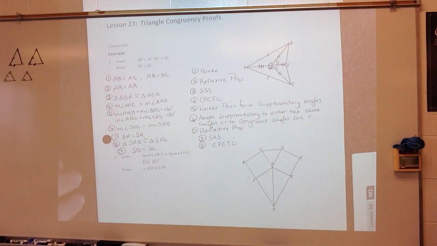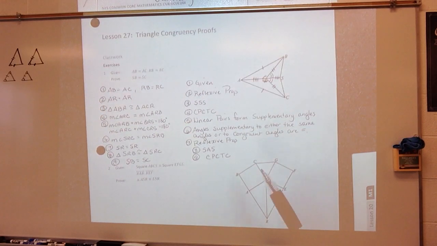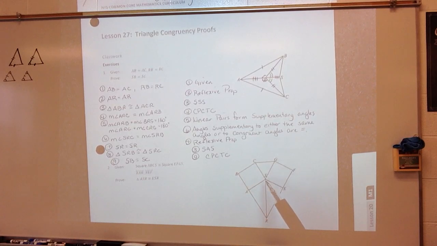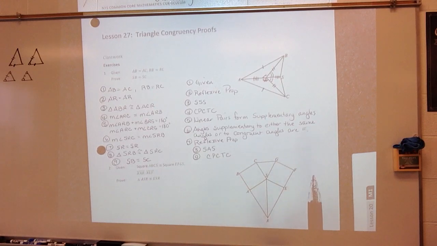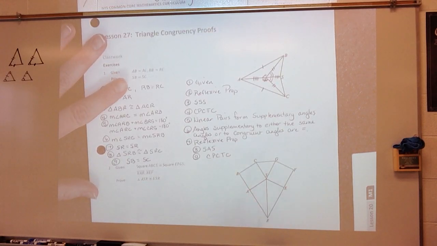Alright, let's look at number 2. I have square ABCS and square EFGS, so these are two squares. And RAB is a line and REF is a line. These are lines, these are squares.